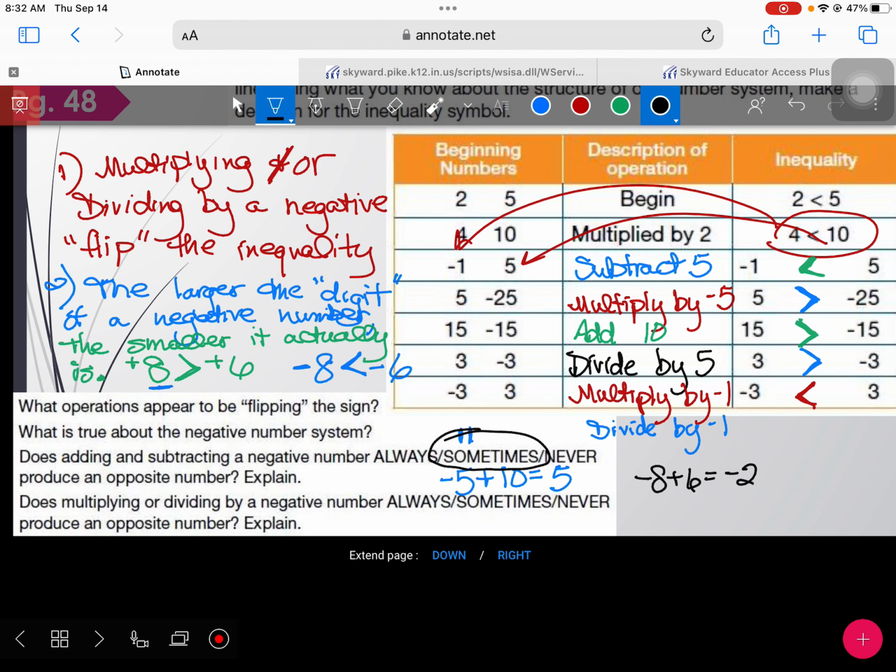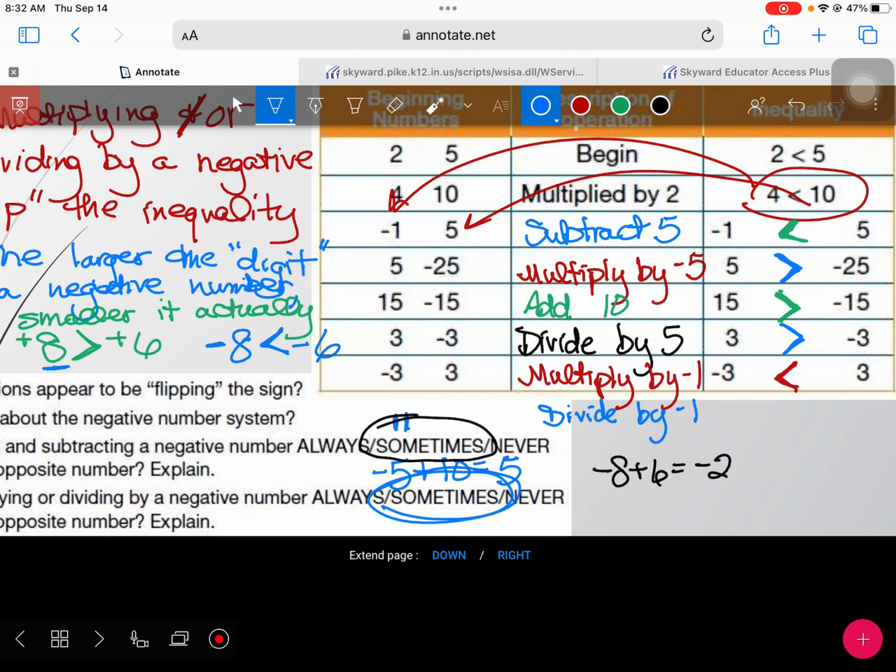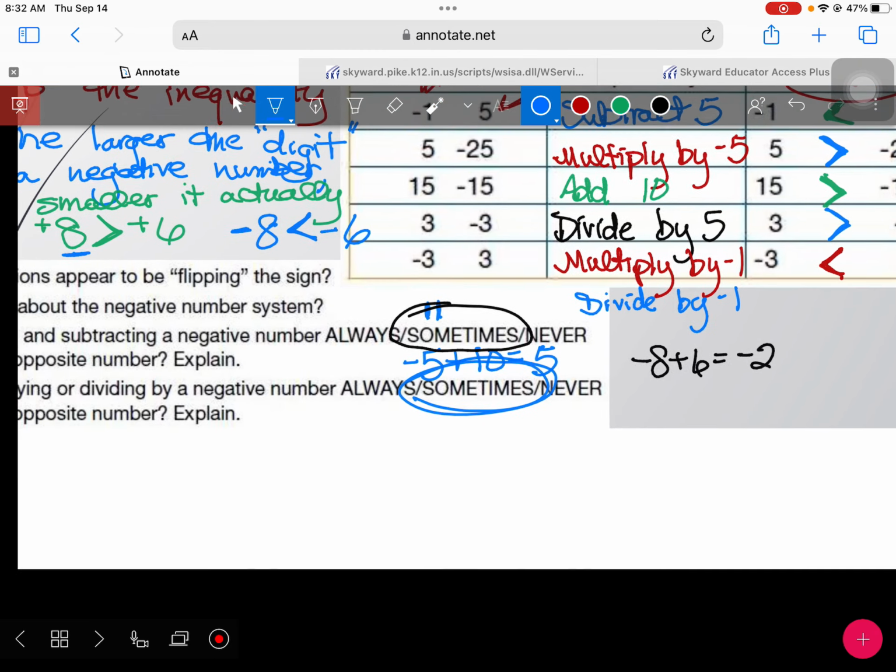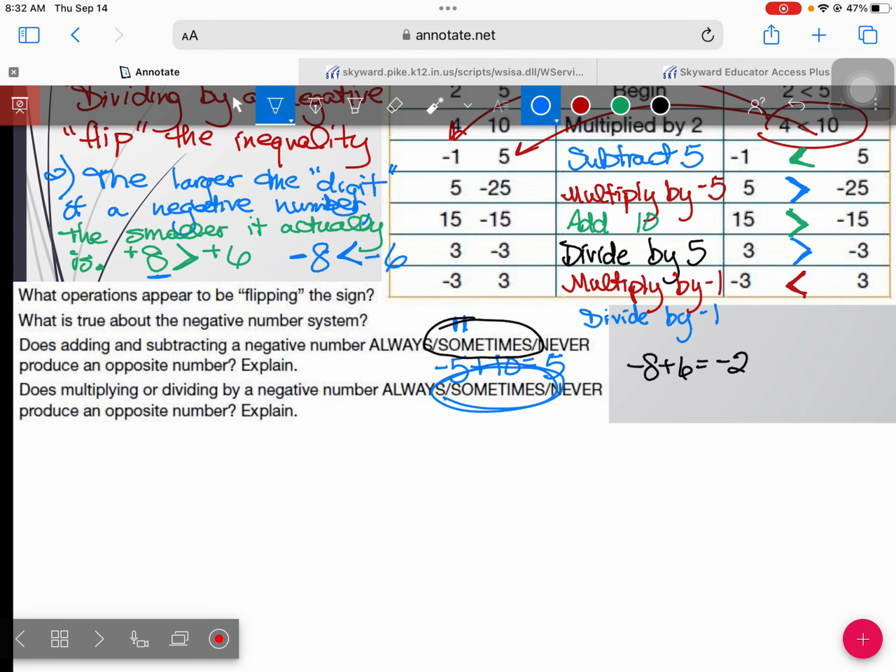Does multiplying or dividing by a negative number always, sometimes, or never produce an opposite number? I think sometimes, isn't it? Okay, what's the answer here on the last question? Should be sometimes, because what does it really depend on? If I have a positive number and I divide it by a negative number, what's the result going to be? Negative.